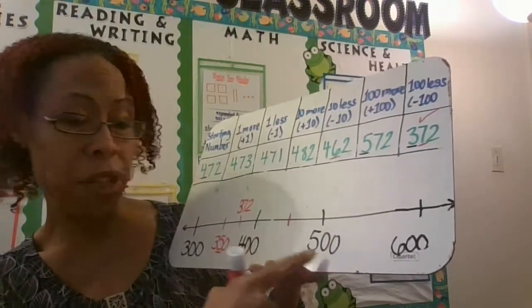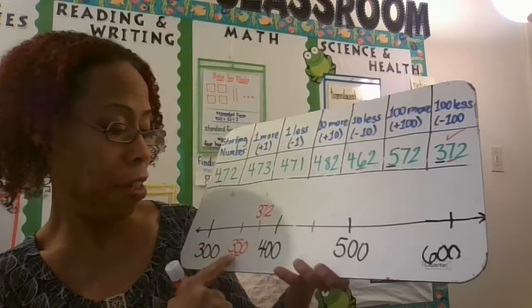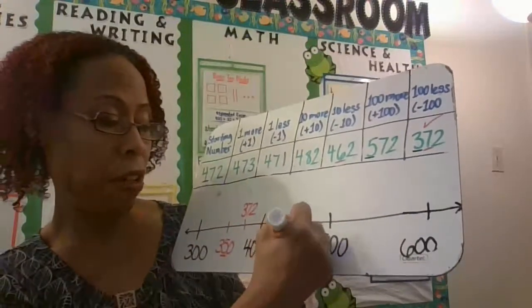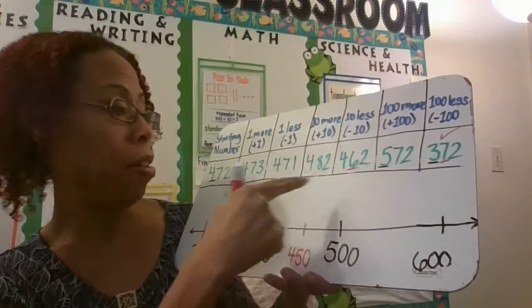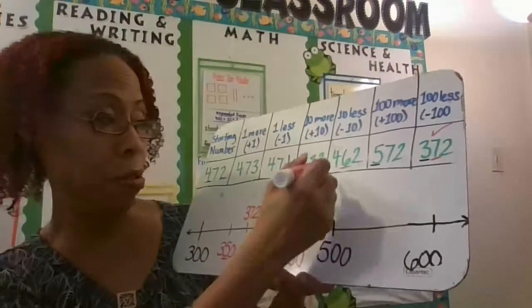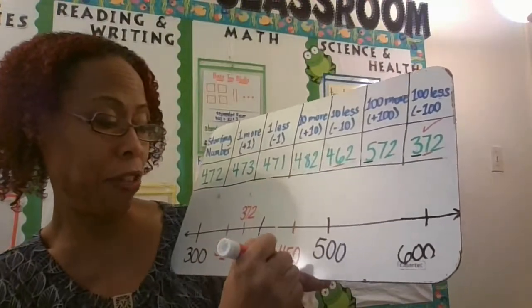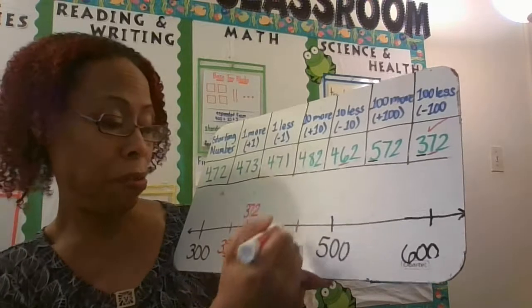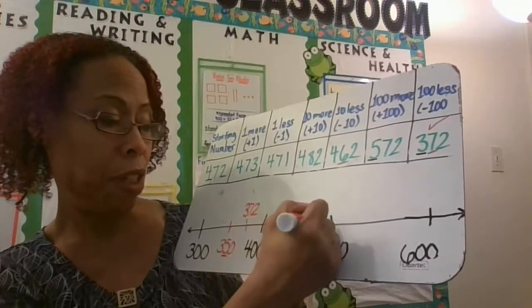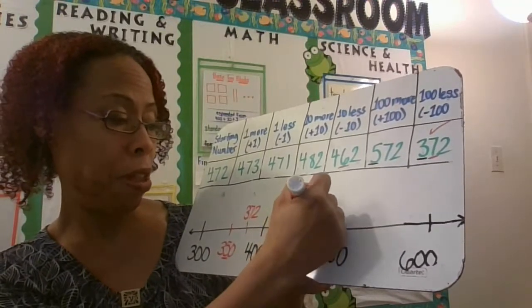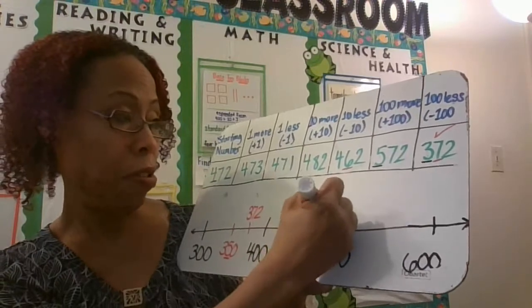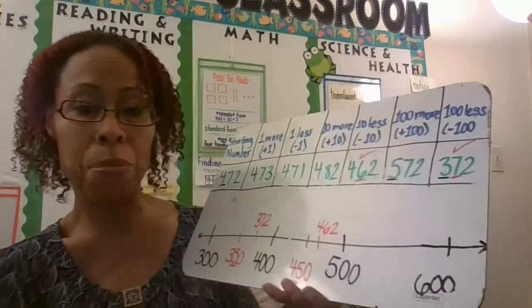So halfway between 400 and 500, just like this, would be 450. All right, and we're looking for 462. Again, this has 6 tens, this has 5 tens. So this is greater than 450, maybe closer to here, 462. So we've completed that number.